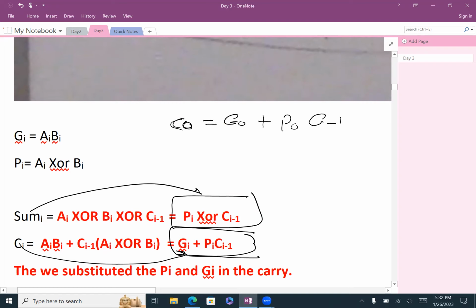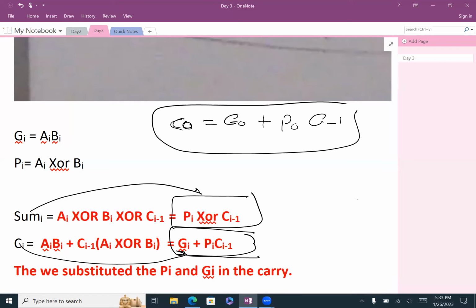Logic. What do we mean by that? In the first stage, remember, you will have a carry equal to 1 when there are 2 conditions.